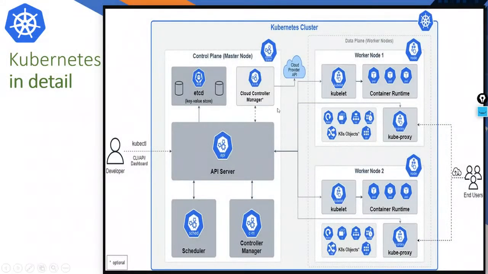It will monitor the state of the health of the containers. It will communicate the health to the kube proxy. Kube proxy is a network element of the worker node. Why network element? Or you can say network interface.